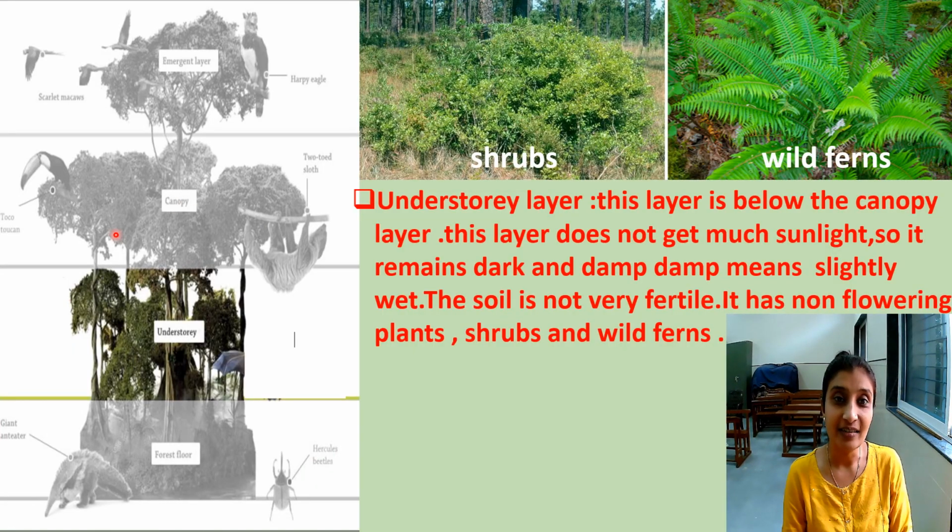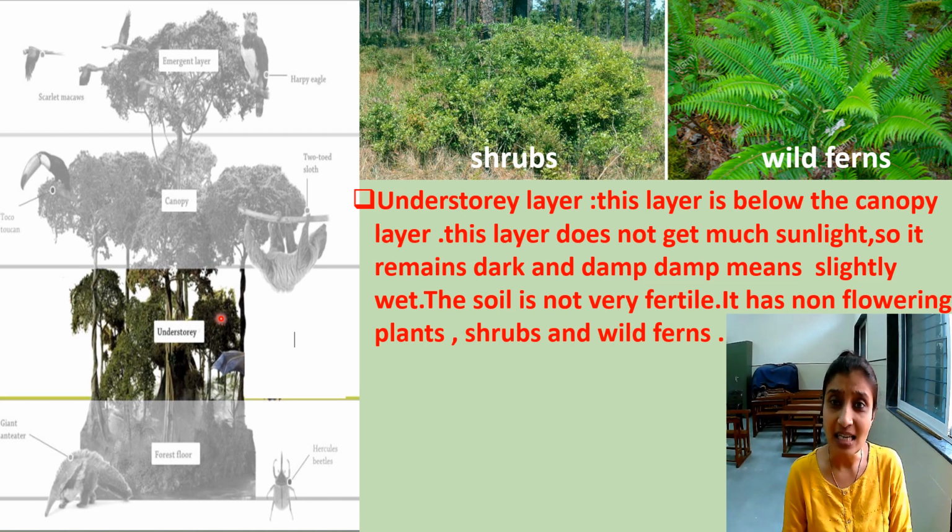The next layer, the layer under canopy layer is the understory layer. Look at the picture, children. This layer is below the canopy layer. This layer does not get much sunlight and rain, so it remains dark and damp. Damp means slightly wet.